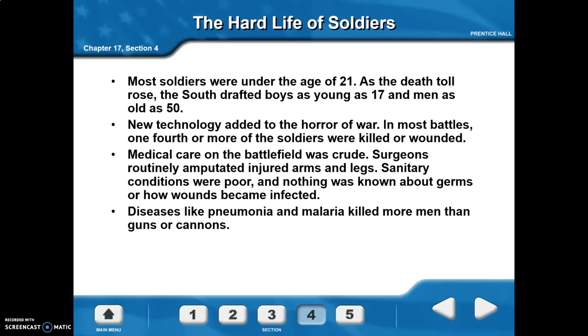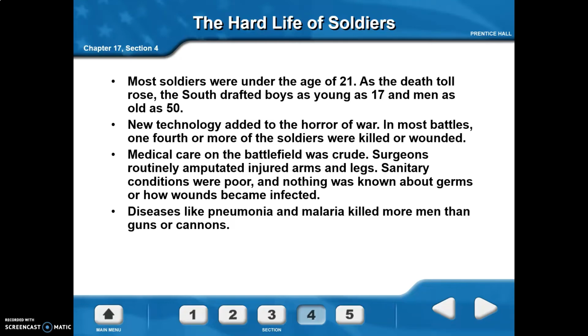And because the medical care back then wasn't as great as it is now, the doctors actually thought the pus that you'd have from a wound was a good sign, and many soldiers would die because that means there's an infection, and they didn't know that. So medical care on the battlefield was horrible, it wasn't sanitary. The surgeons amputated injured arms and legs, and many of those amputated, you get gangrene, and that'd be horrible.